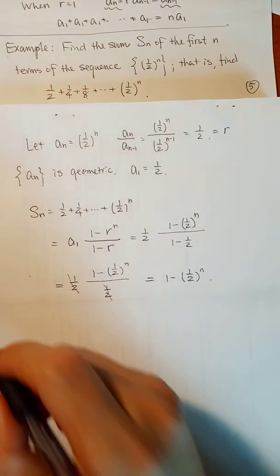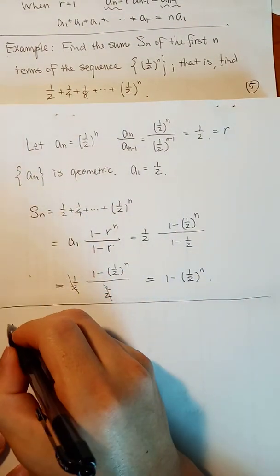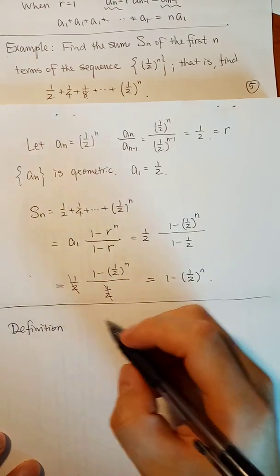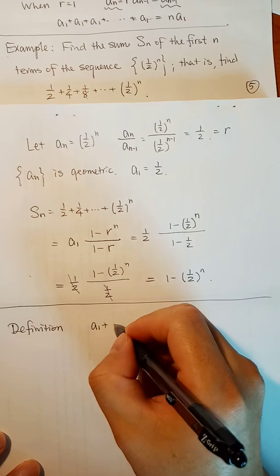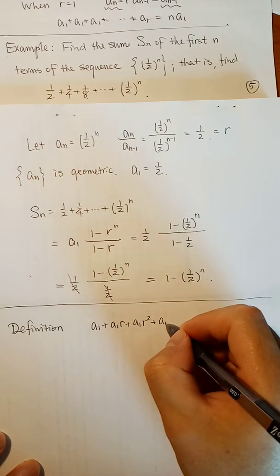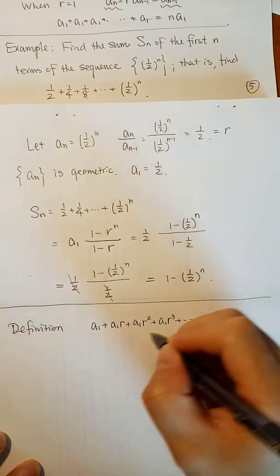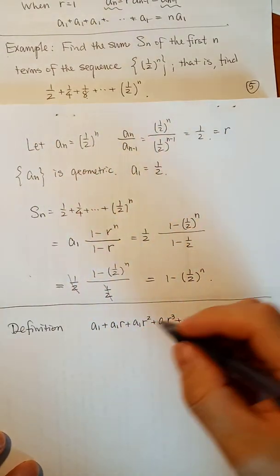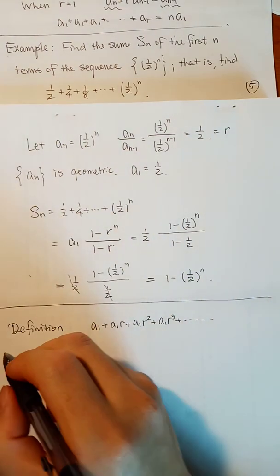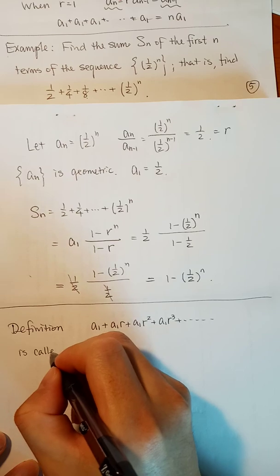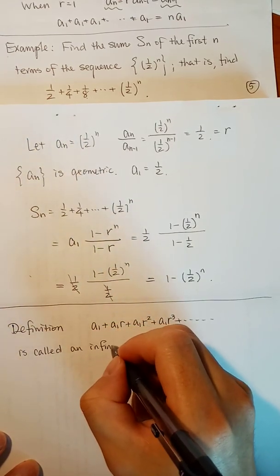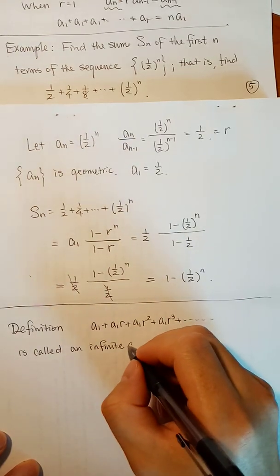Okay, so this: a1 plus a1r plus a1r squared, a1r cubed. If we add all the terms of a geometric sequence together, this is called an infinite geometric series.